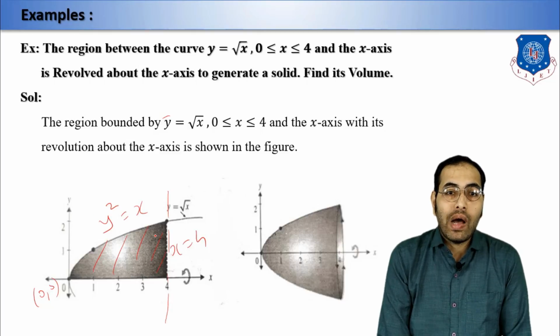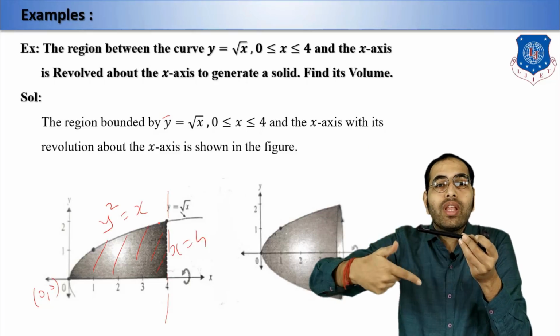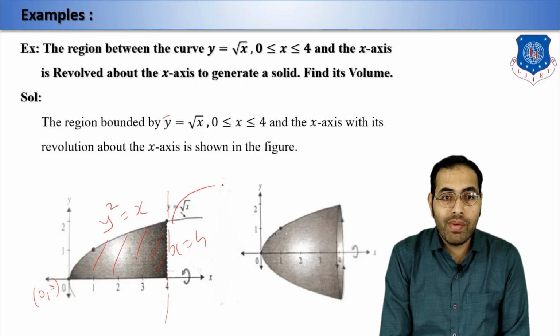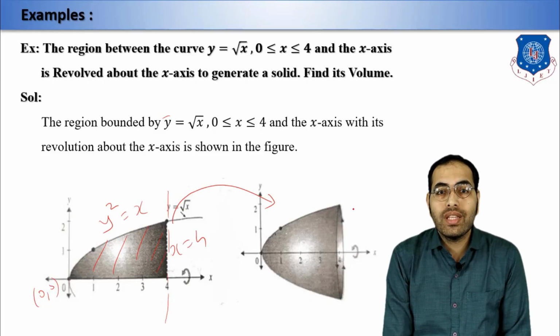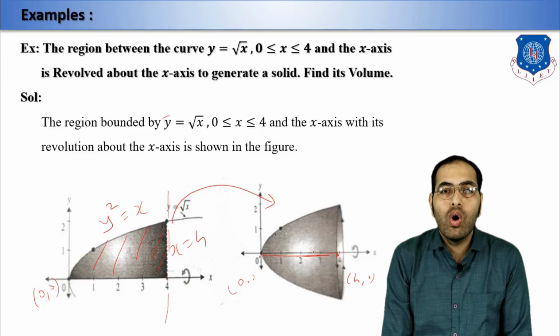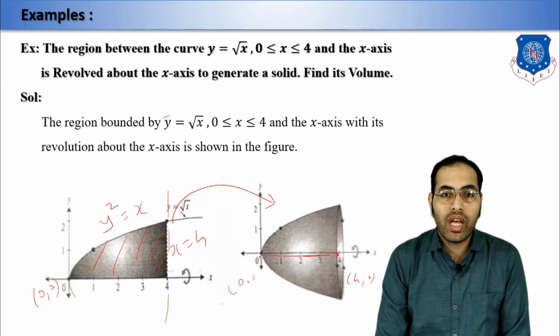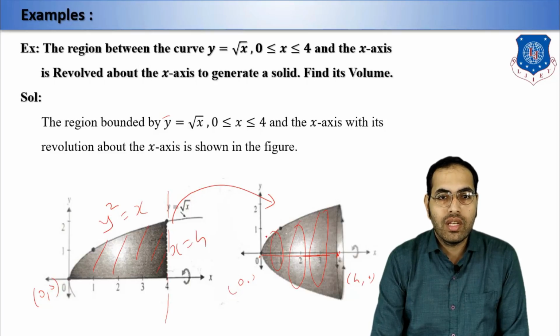Now this one is the x-axis, and when we revolve our graph about the x-axis, this shape converts to a paraboloid. It varies from this position where x equal to 0, to this position where x is maximum, that is 4. So x varies from 0 to 4, and the shape is a paraboloid, and if we take a cross section like this, a disc will be considered.